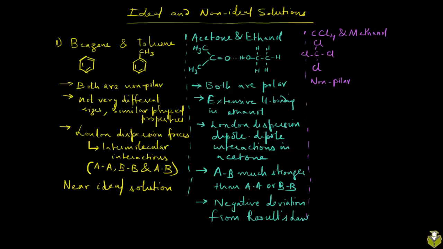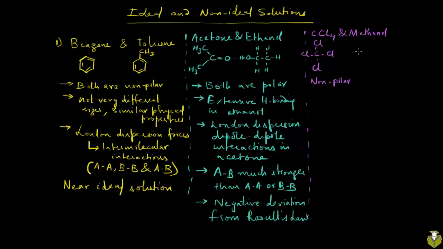Though the carbon-chlorine bonds here are all polar bonds, because chlorine is highly electronegative, if you have polar bonds like this that are symmetrical, that is, of equal polarity but pointing in opposite directions, they cancel out. As a result, the molecule as a whole is non-polar. And so the only interactions between carbon tetrachloride molecules are London dispersion forces. On the other hand, methanol is a polar molecule.